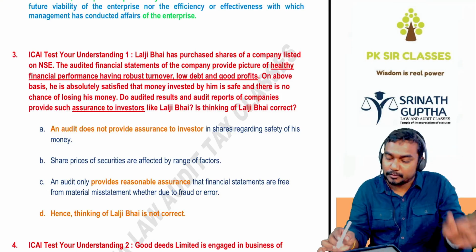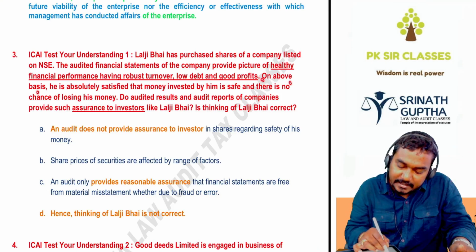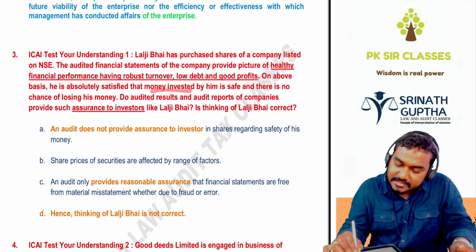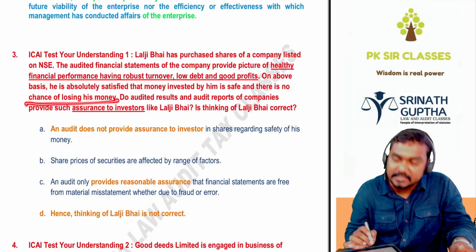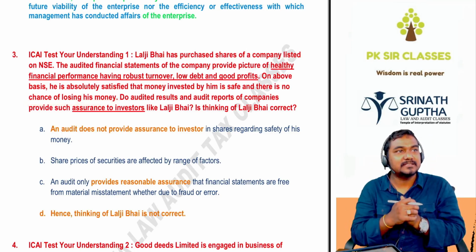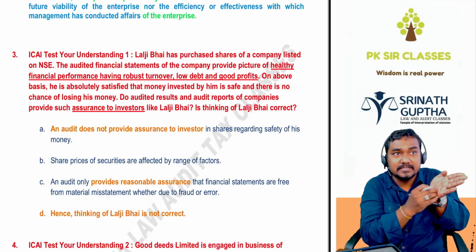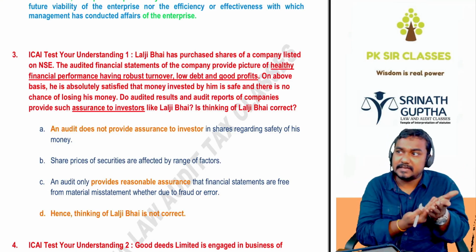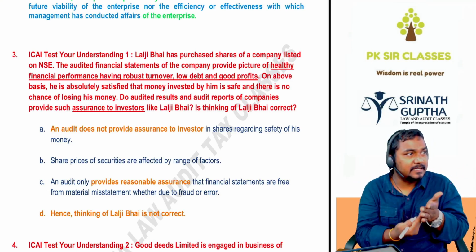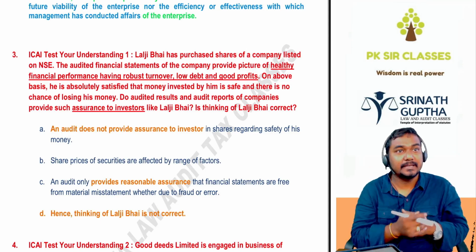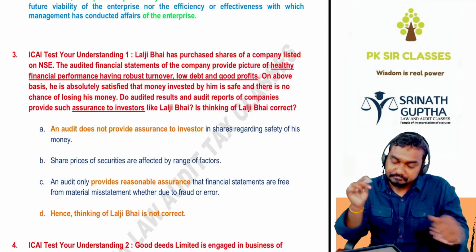Based on the audit report, he was absolutely satisfied that the money invested by him will be safe and there is no chance of losing his money. Since profits are there, no losses, less debt, the company is strong, so let me purchase. He purchased the shares of the company.